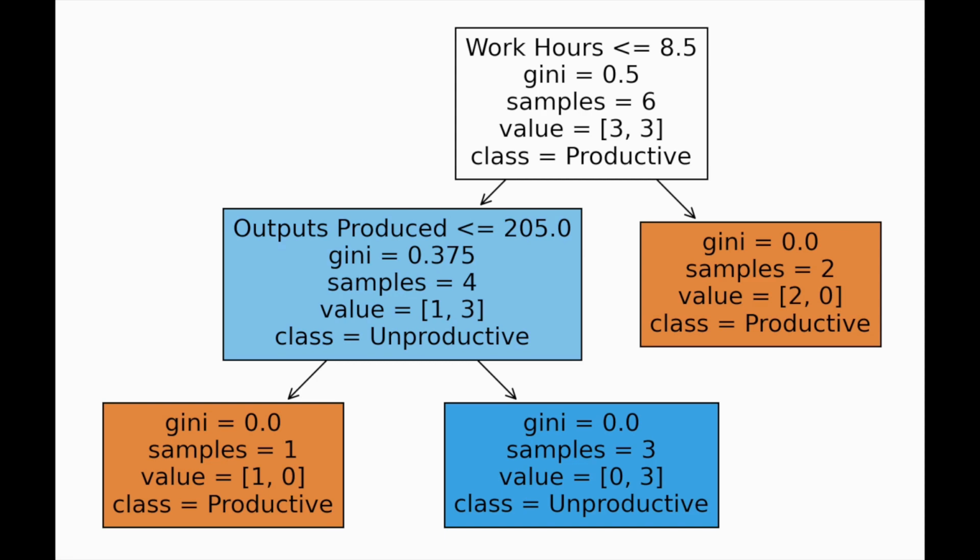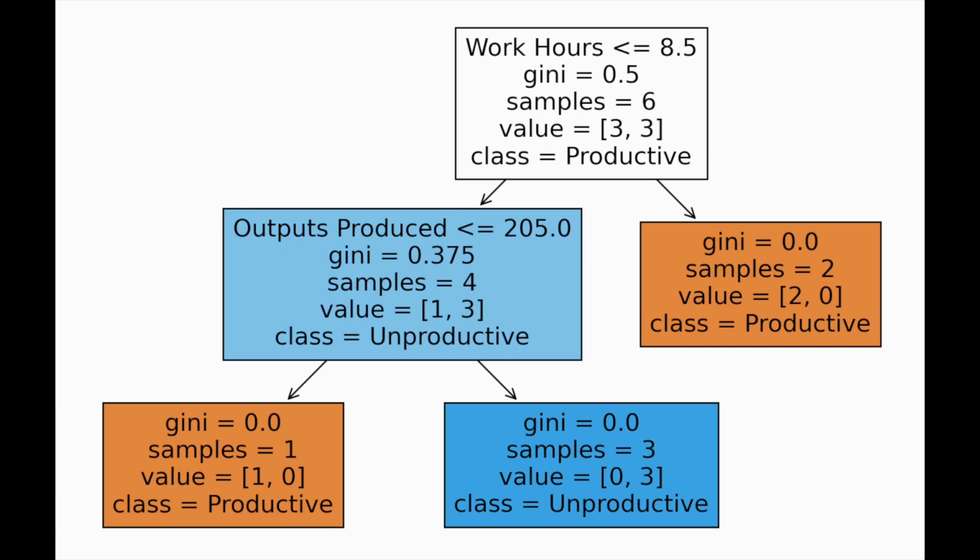The decision tree is classified into 2 categories, namely productive and unproductive, based on their work hours and outputs produced. If the work hours of an employee is less than or equal to 8, then it satisfies the productive classification on the left side. If it does not satisfy the first node, then it is classified as unproductive. The samples indicate the number of lists that satisfy the condition.